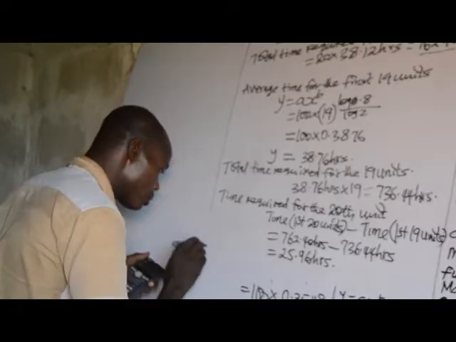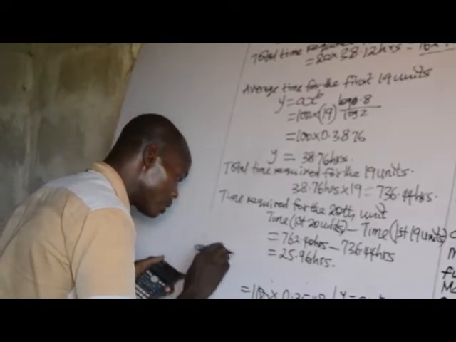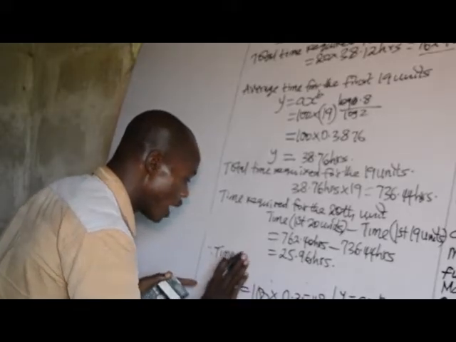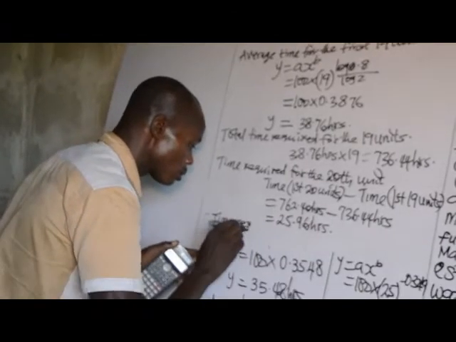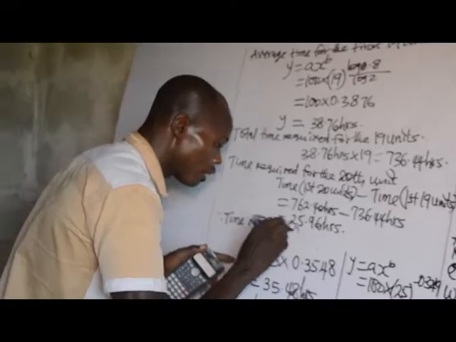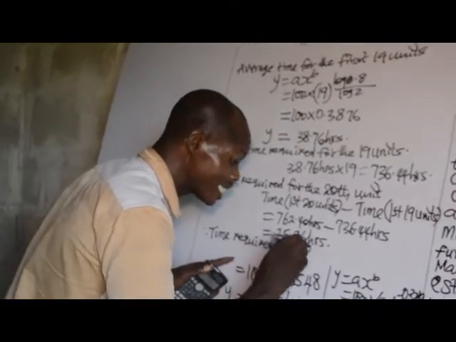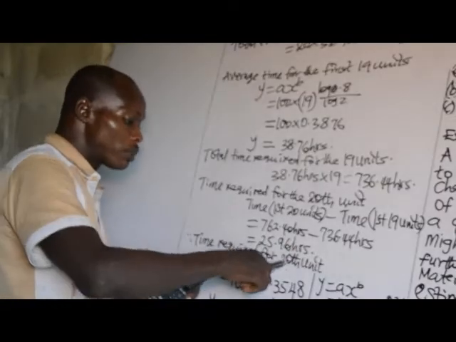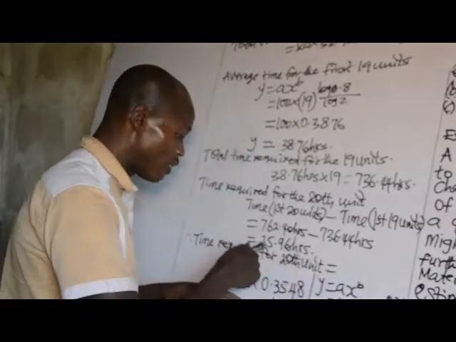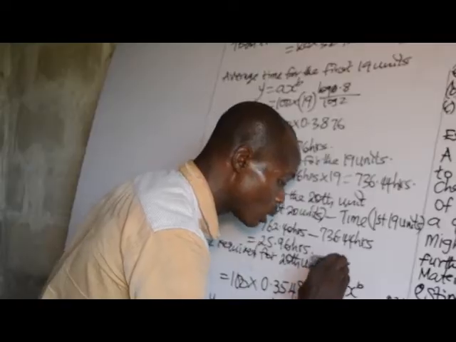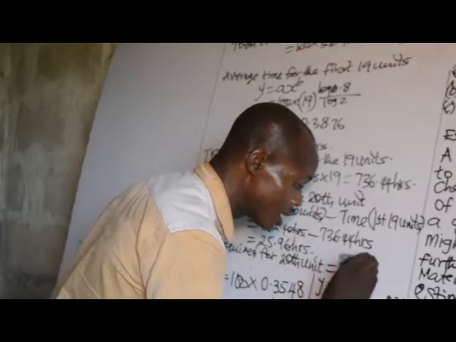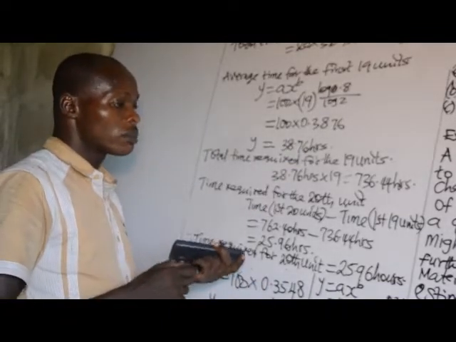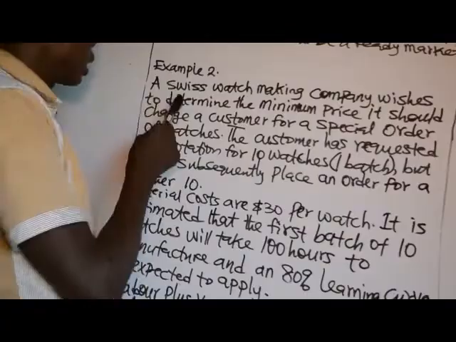Therefore, the time required for the 20th unit, that is the unit that falls within the 20 position, is 25.96 hours. That is the end of the solution to example 1.